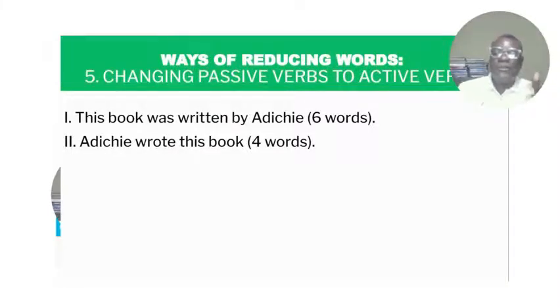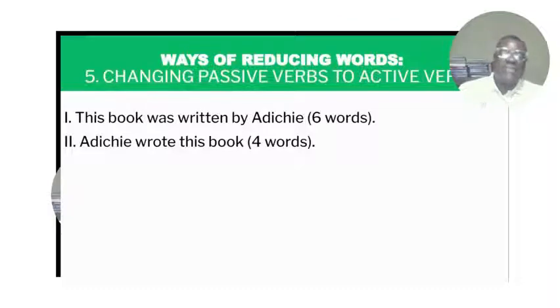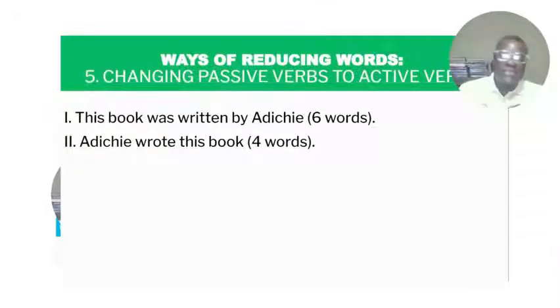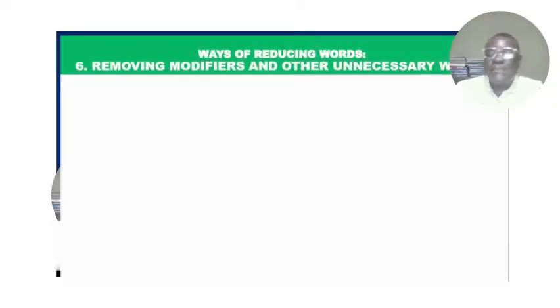So by changing the passive verb in the first sentence to an active verb in the second sentence, we are able to eliminate 2 words, and so we reduce a sentence of 6 words to a sentence of 4 words.